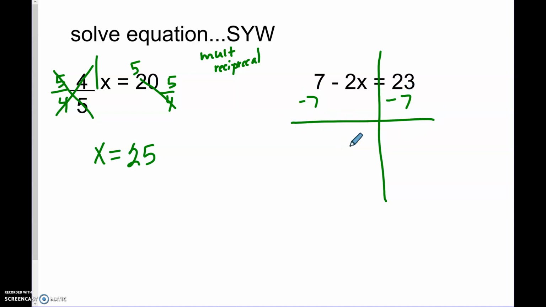So 23, whoops, I should start here, 23 minus 2x equals, and 23 minus 7 is 16. All right, now we have a -2 times x. So the opposite of multiplication is division. So I'm going to divide both sides by -2. So x equals -8.